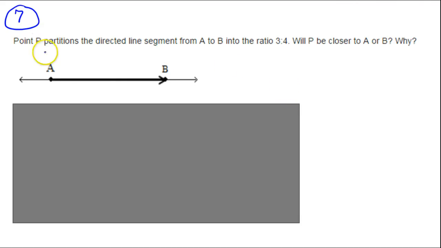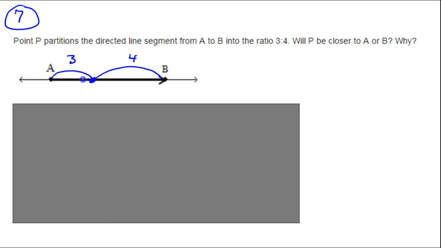Alright, number 7 is an easier type of question. Point P partitions the directed line segment from A to B in the ratio of 3 to 4. Will it be closer to A or B, and why? Well, if it's going to be 3 to 4, you could imagine that this had length 3 and this had length 4.